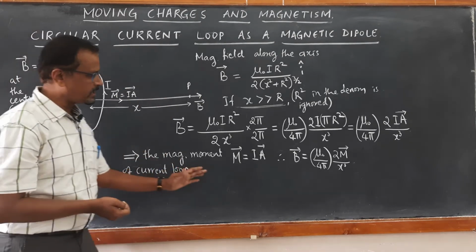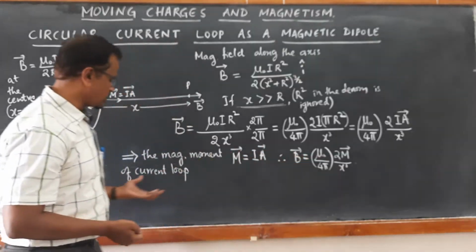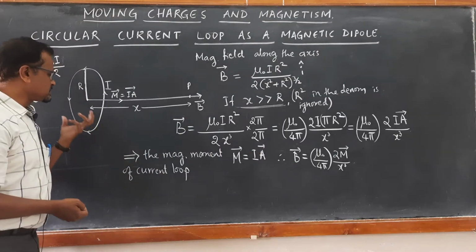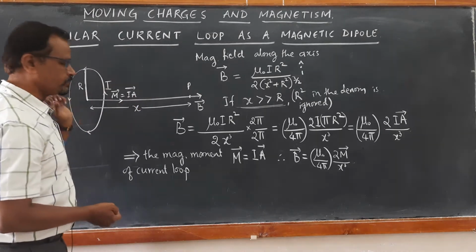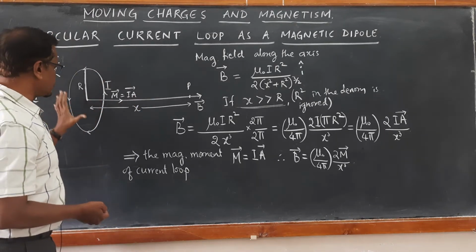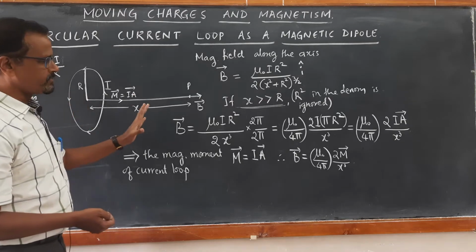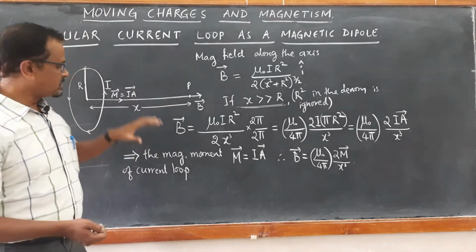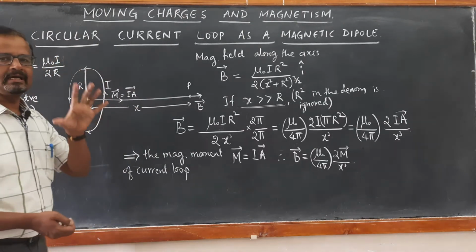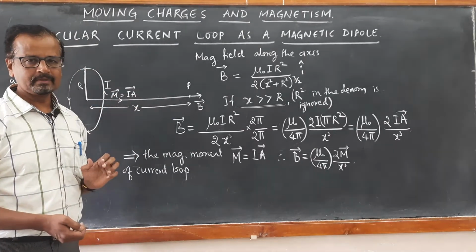This concludes that the current flowing through the circular loop produces the magnetic field as well as the magnetic moment. Thus the current loop behaves like a magnetic dipole, right?